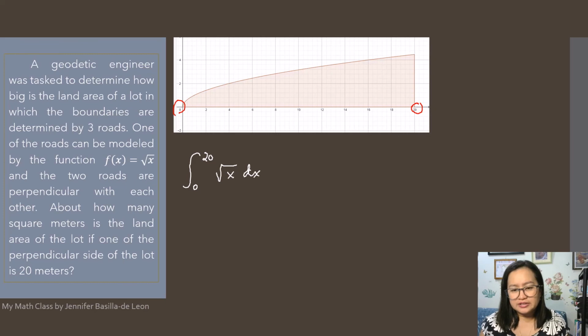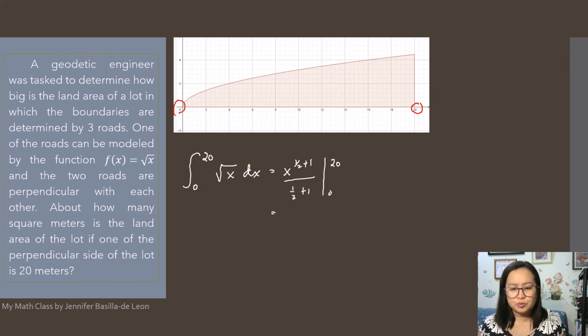Now, getting the antiderivative of the given function, we will have x raised to 1/2 plus 1 over 1/2 plus 1 evaluated from 0 to 20.